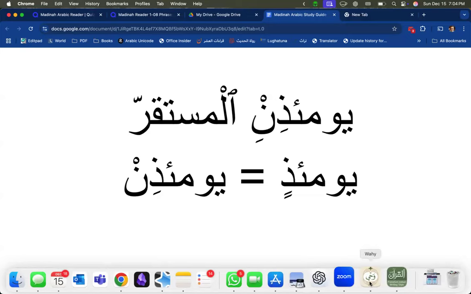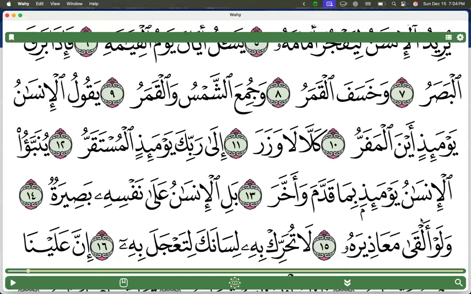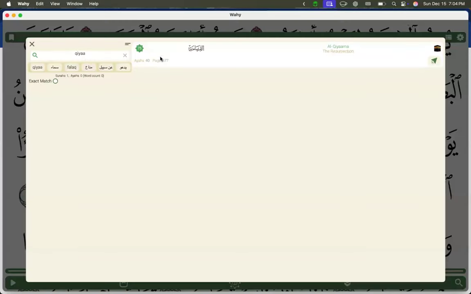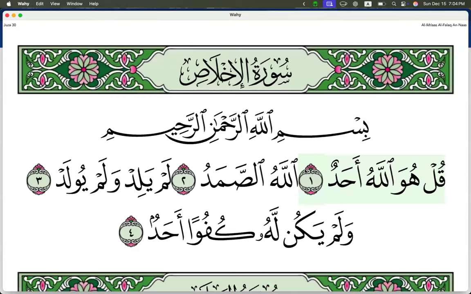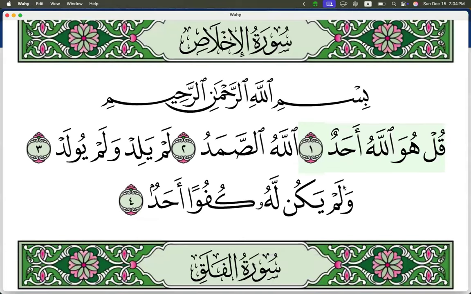Okay, for example, hold on. Let me test Arshifa. I want you to read the first two ayahs connected together. No, don't break them.